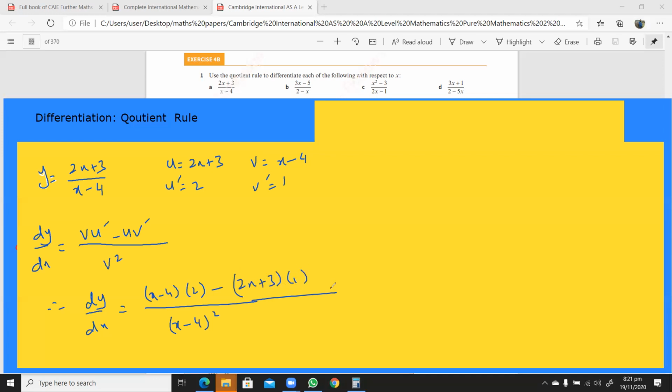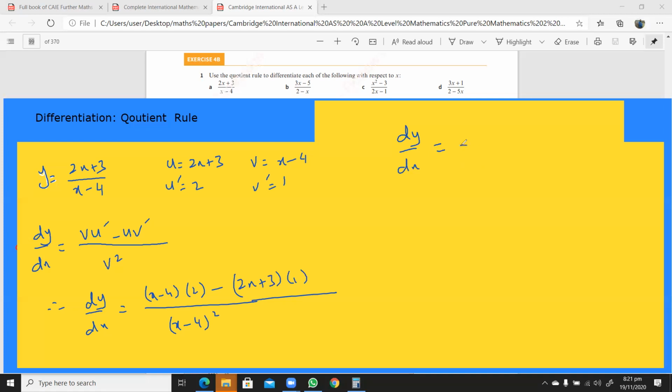Since these are really lengthy solutions, you have to be patient. You have to have control on yourself. There is a big chance of making a silly mistake, the plus minus mistakes over here. So try to be cool minded while differentiating these quotients.